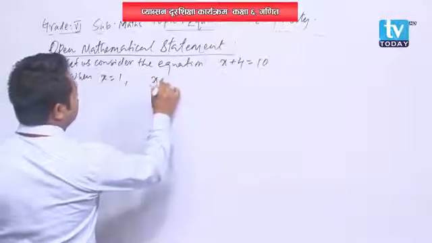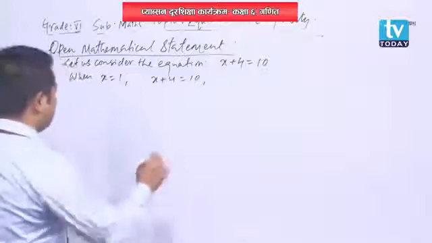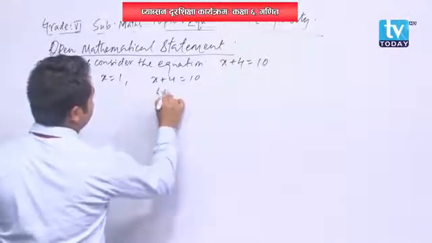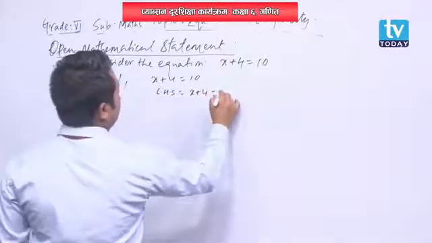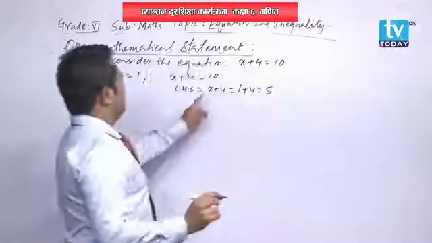Taking the left hand side, x plus 4 equals 1 plus 4 equals 5. But we have 10 on the right hand side.